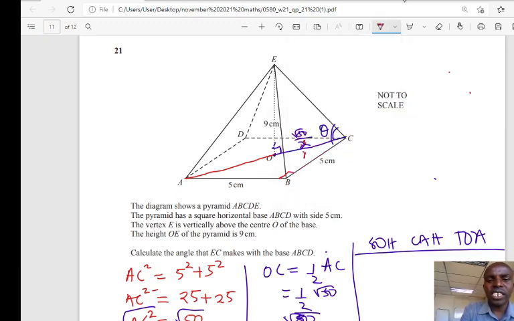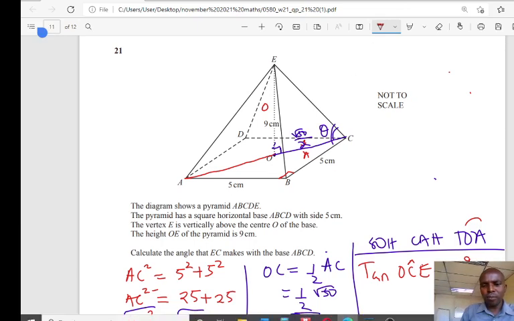This side is adjacent and this side is opposite. Adjacent and opposite is tan. You say tan of that angle, which is OCE, is equal to opposite over adjacent. Opposite is 9, adjacent is root 50 divided by 2. So it's root 50 over 2.